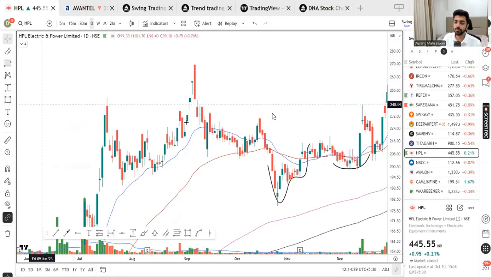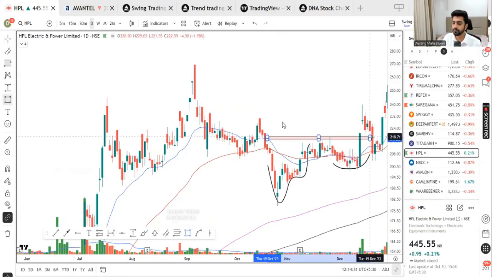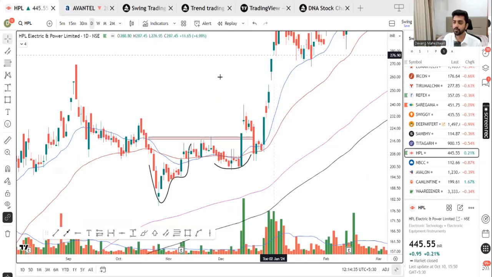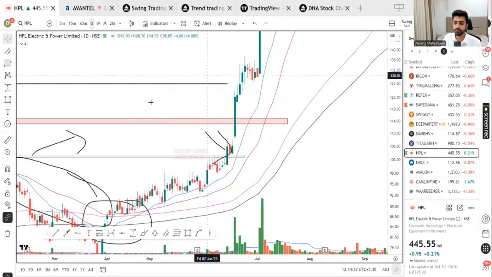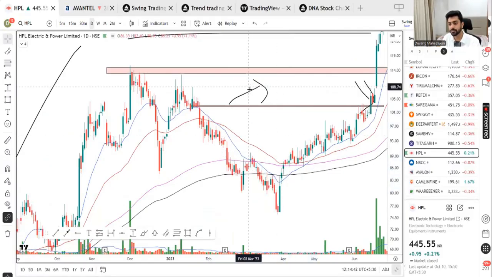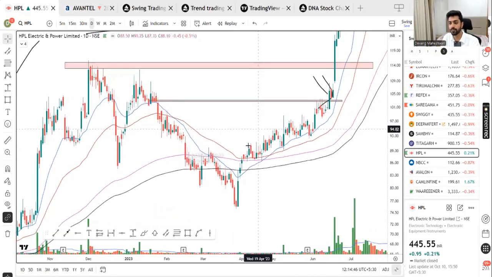This is again an up down base. You can make it here. Broke out, failed, again broke out, worked. Now which is this?